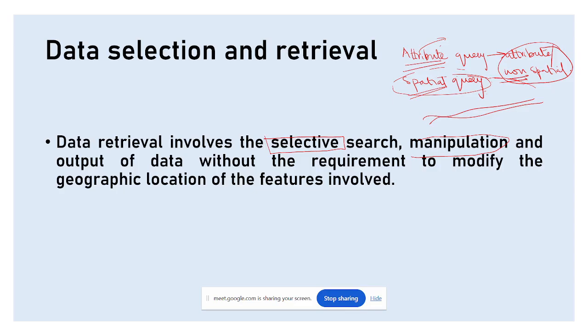So that is selective search. You're just taking the red colored ones. And if in certain data you require slight manipulation and output of the data without altering the geographic location per se, then that is what you do in data retrieval.